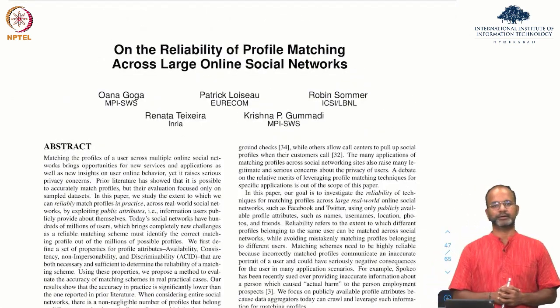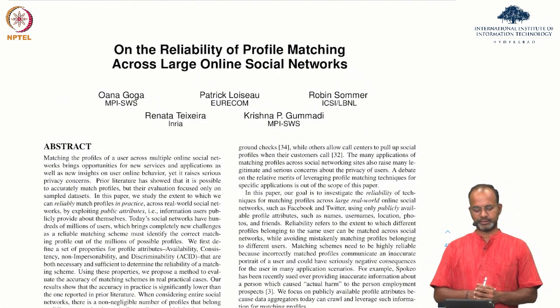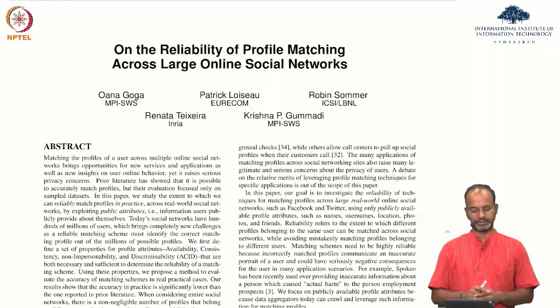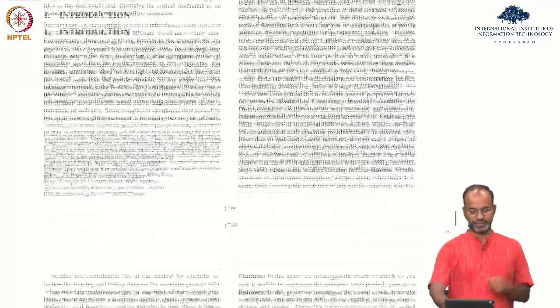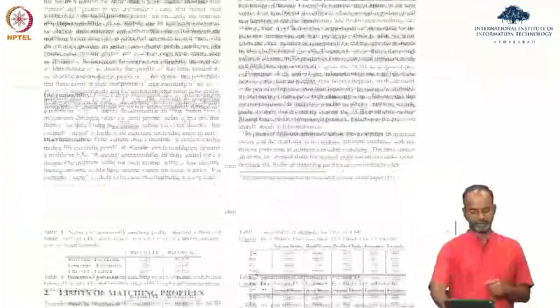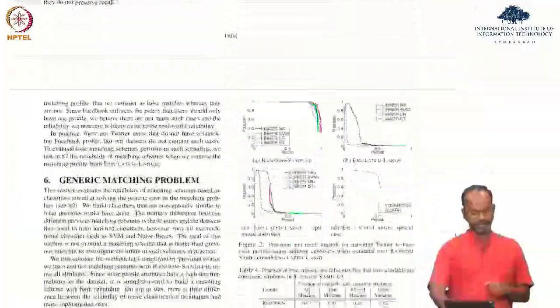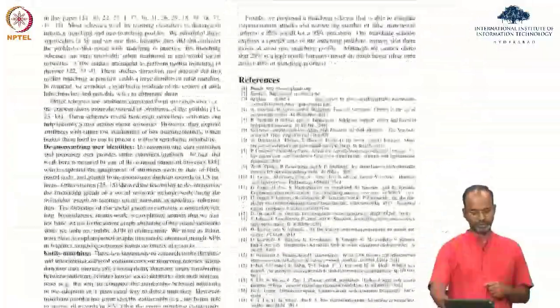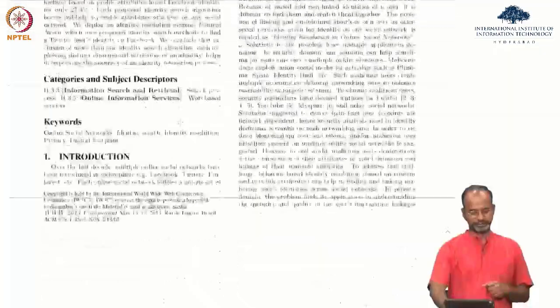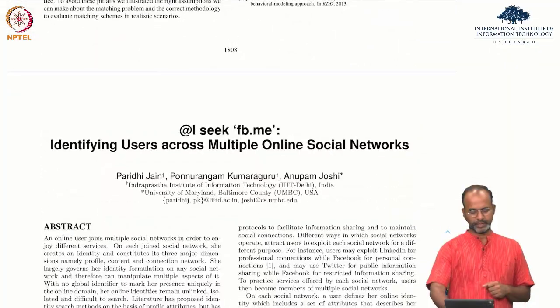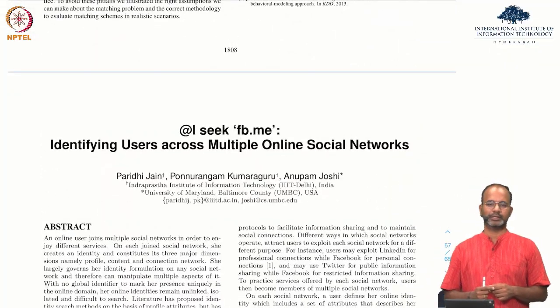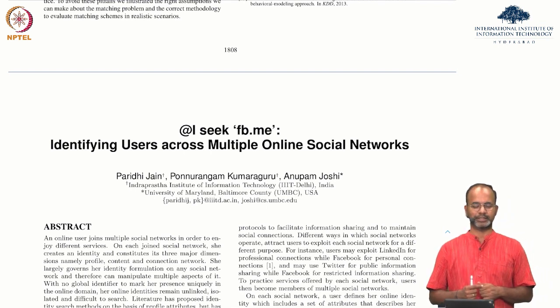This is the paper I had referred to now on the reliability of profile matching across large social networks, deciding on linkability again. They gave some mathematical foundation for how the linkability should be done, everything. And this is the Facebook and the Twitter comparison paper that I mentioned in the slides.